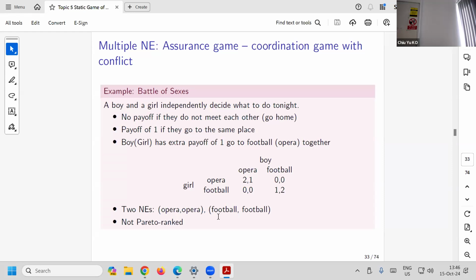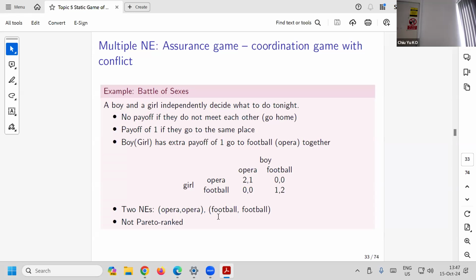It really depends, and communication also works. Because the girl said, I go to opera no matter what, then opera will be the outcome. Or the girl says, I hate football, and that's it. No matter what, I hate football, and that's a solution there, right? That is how it works.